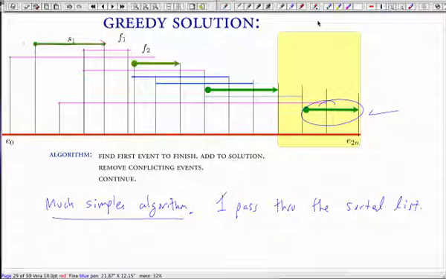So in the case that we wanted to maximize the utilization of the room instead of just the number of classes, then this approach wouldn't do it. Because then it's not clear. That rule that we're using, which is the first to finish, it's not clear you can exchange. If you had some optimal solution, it's not clear that just because I finish first, I can exchange with your optimal solution, and all of a sudden I'll still have the same amount of time.